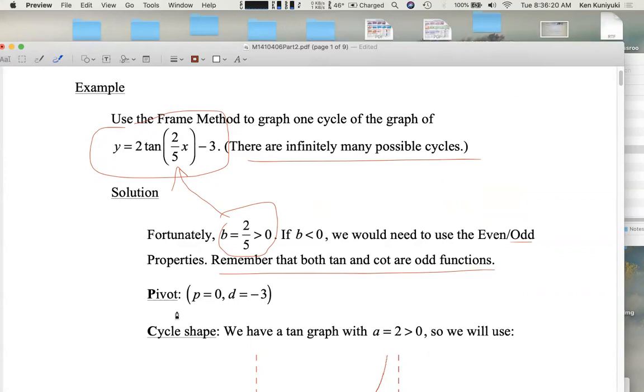Let's find the pivot. Where does the origin move to? What is the phase shift? Well, to find the phase shift, you set the argument here, 2/5 x, equal to 0. Where does 2/5 x equal 0?